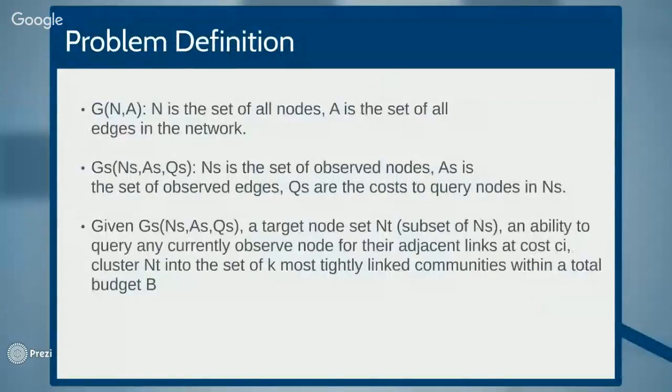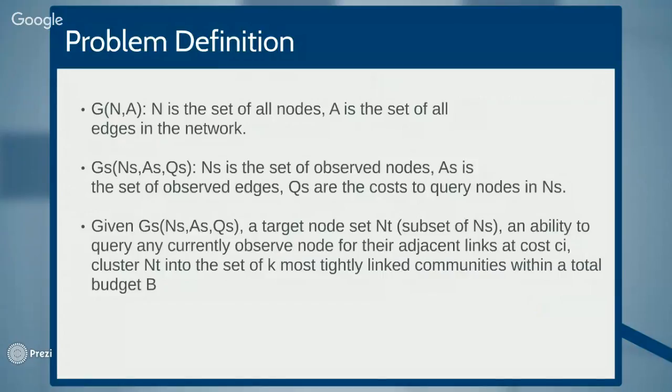So now we try and define our problem statement. G(N, A) is our graph, where N is the set of nodes and A is the set of edges. Now GS represents our starting graph. NS, AS and QS represent the starting nodes, the starting set of edges, and the starting cost of each node respectively.